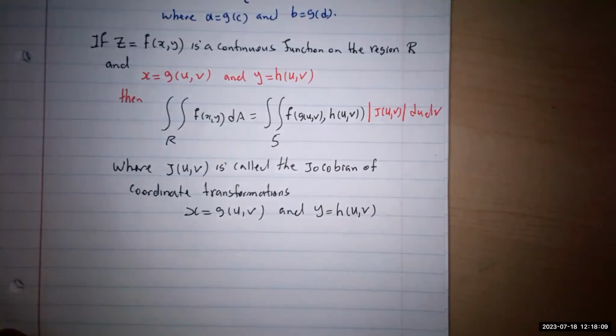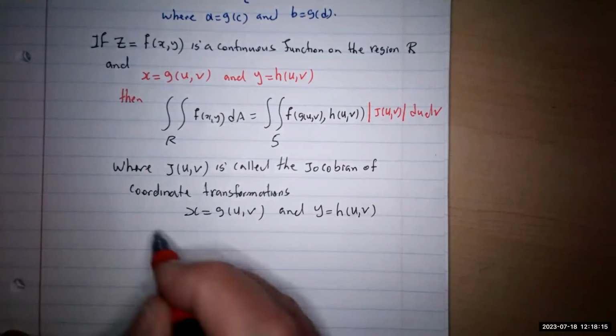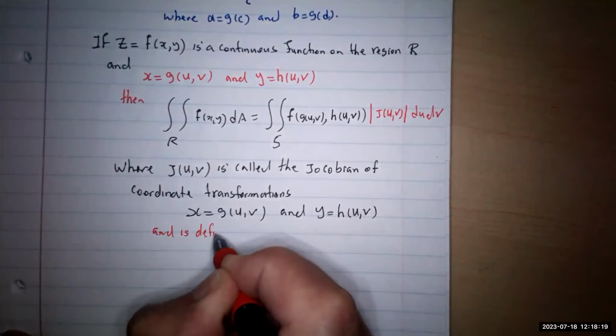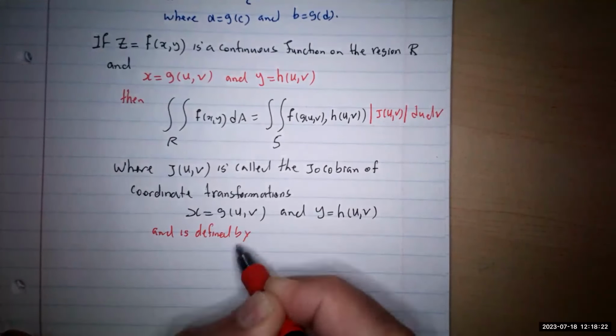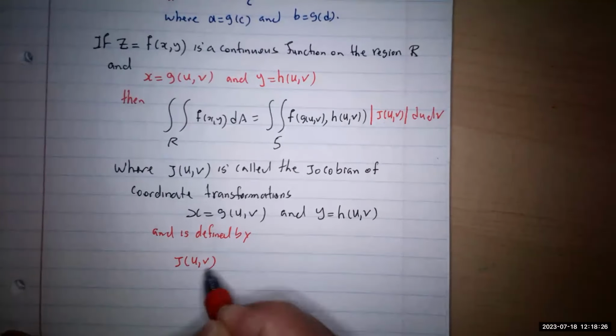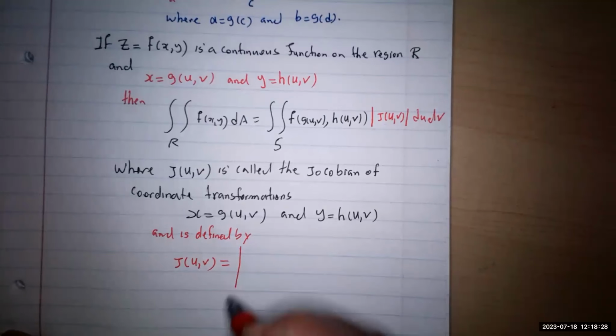Okay, so g of u, v is called the Jacobian of a coordinate transformation x and y, and is defined by this. The Jacobian of u and v is going to be the determinant of this matrix.